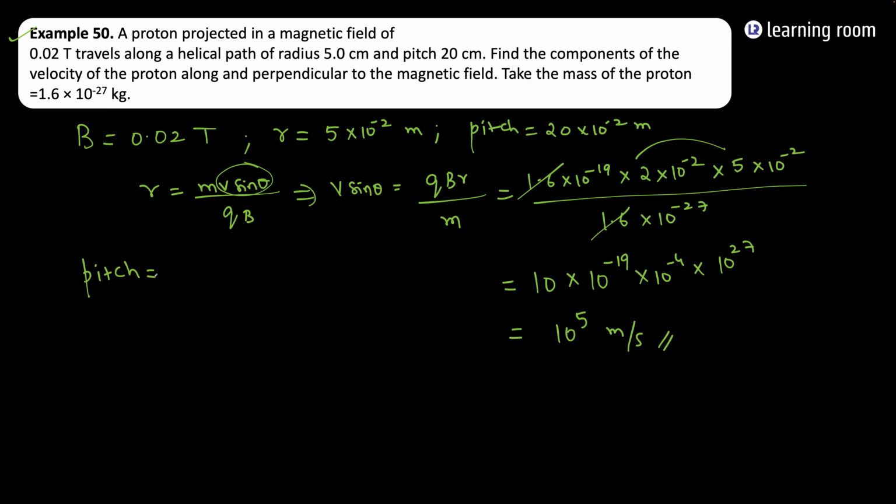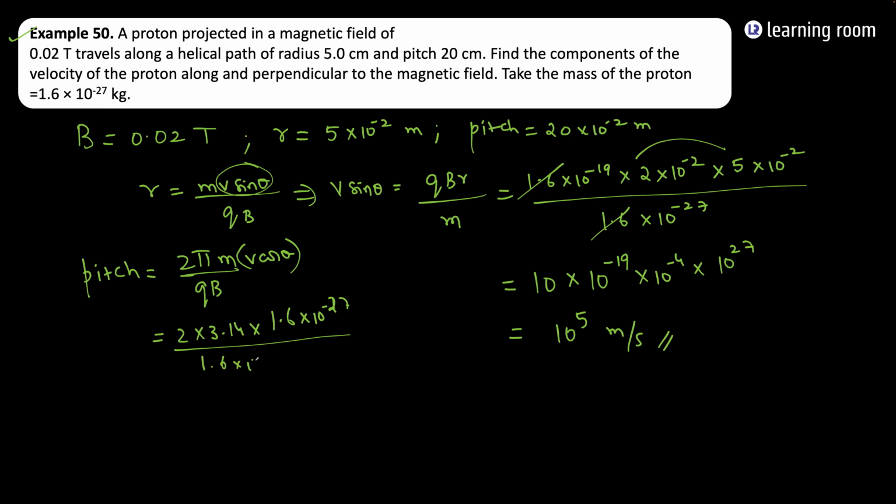So pitch is equal to 2 pi m v cos theta, the whole divided by qB. So it is going to be 2 into 3.14 into m, which is 1.6 into 10 power minus 27, the whole divided by q, which is 1.6 into 10 power minus 19, into B, which is 2 into 10 power minus 2.